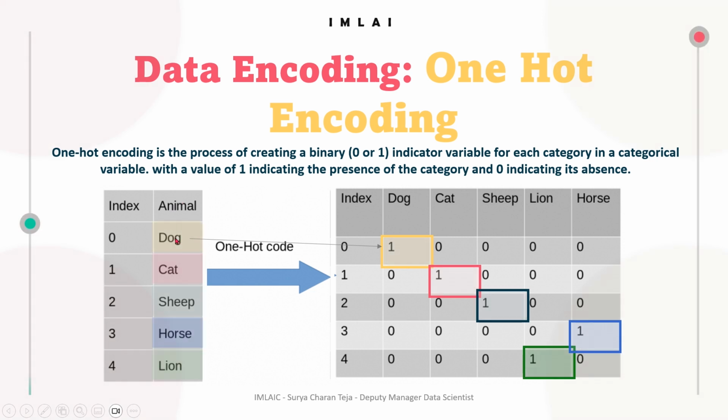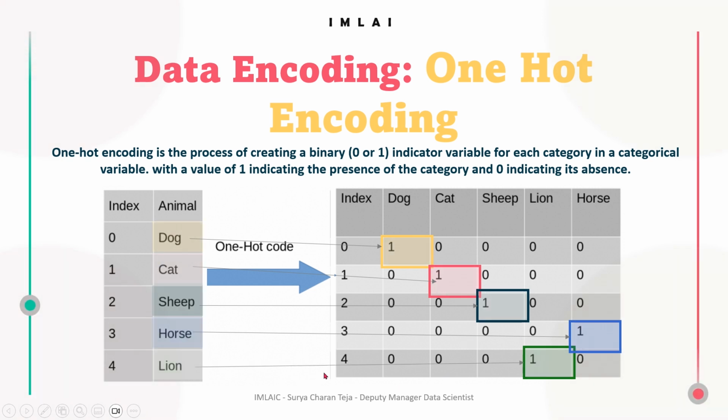See, the category dog has been coded with 10000, cat 01000, sheep 00100, horse 00001, and finally lion with 00010. So that's how each category in that row has been replaced with the respective binary code.